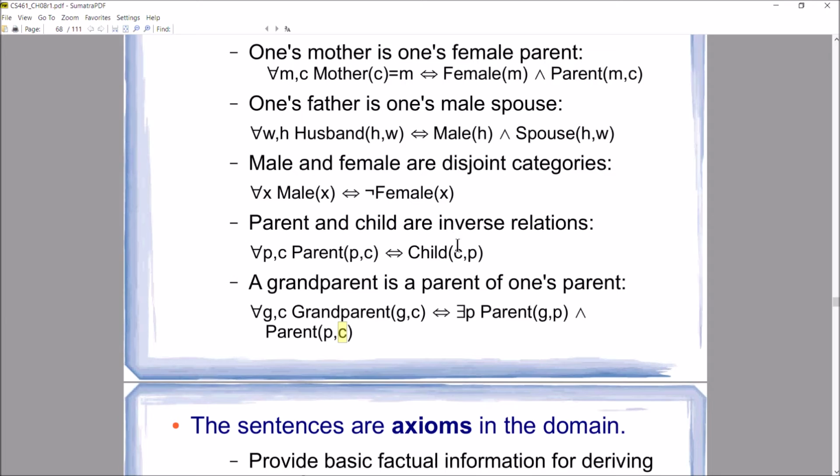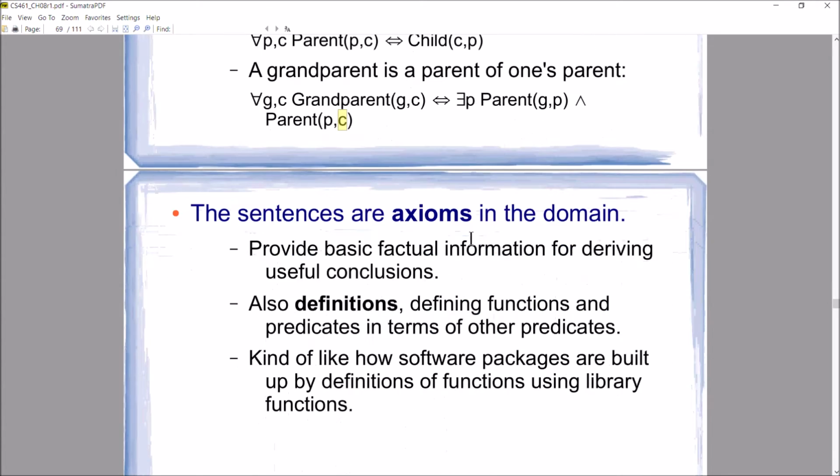Right? So these sentences here are forming what are known as axioms within that domain. What these things are doing is giving us some factual information that can allow us to draw some conclusions, right? Axioms are kind of like fundamental facts. They're like baseline pieces of knowledge.